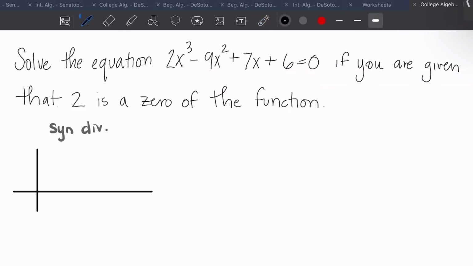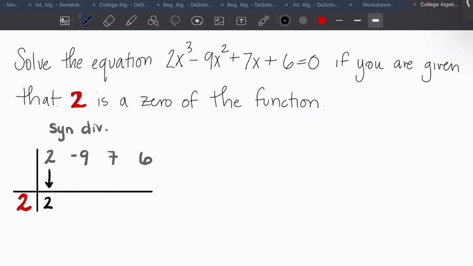Okay, your C is whatever your 0 is. So we're no longer doing the opposite, we're just doing 2. All right, you need to list your coefficients: 2, -9, 7, and 6. Then do your process.